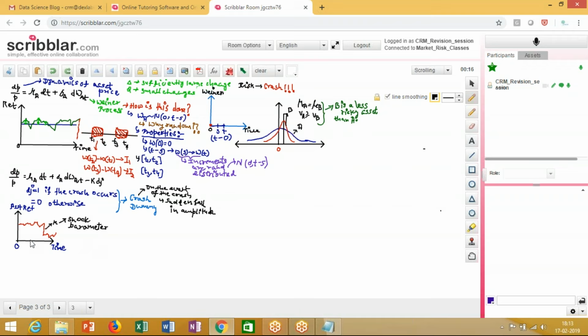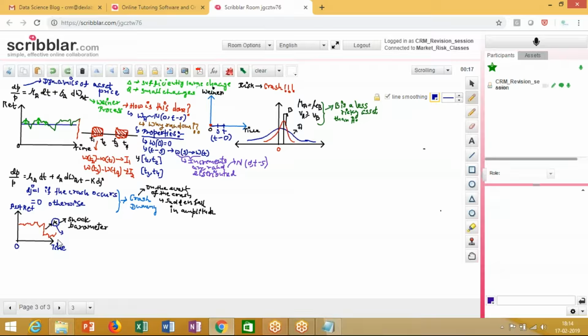The question that comes out is how this can be predicted. The entire question of risk management would be involved in predicting this k, the chances of this k occurring in the next dt period, assuming that it has still not happened at the tth time point.